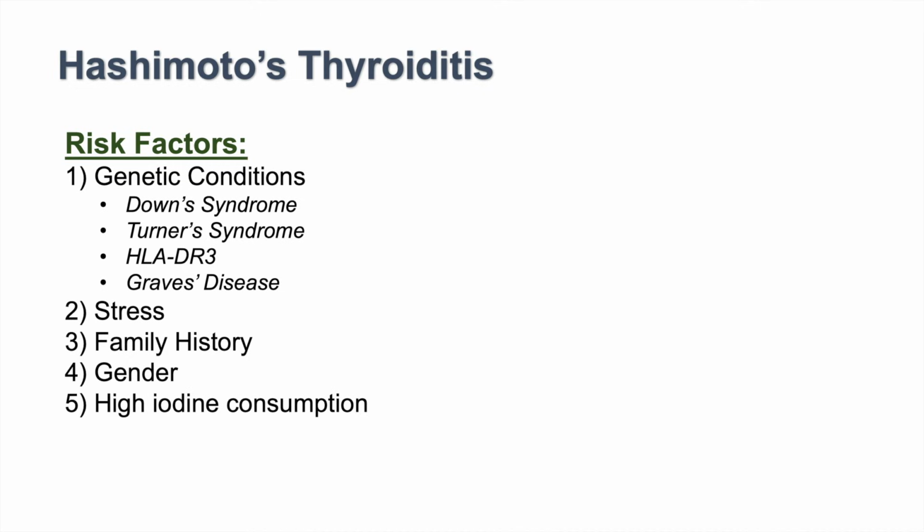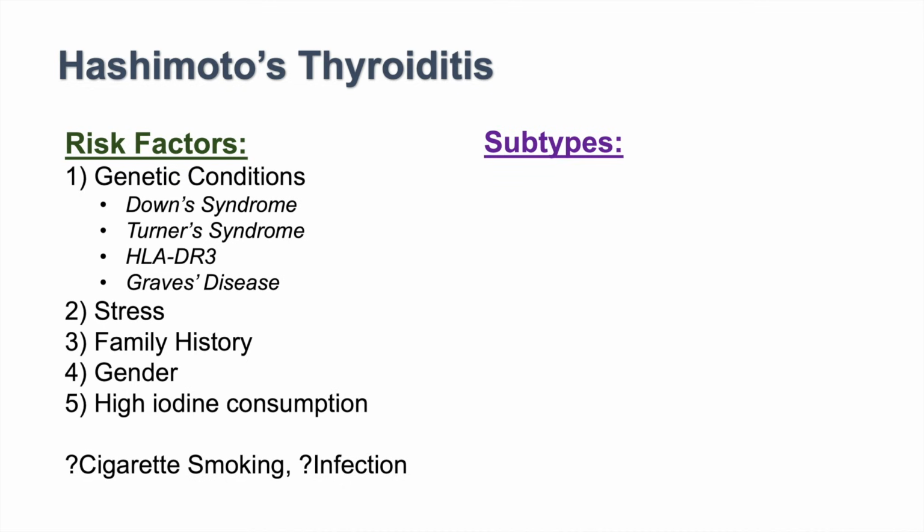It's been shown that a lower iodine consumption diet may actually reduce the risk of having this condition. And there's also a question of whether cigarette smoking or some kind of infection causes this. It's not quite known.